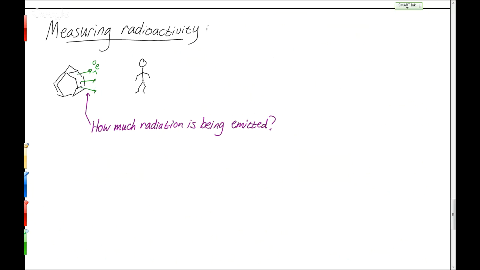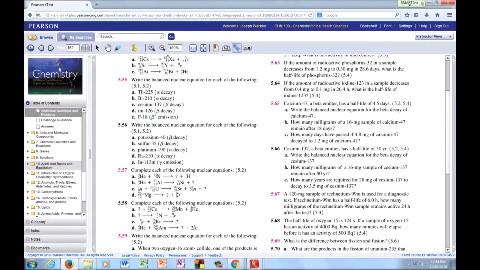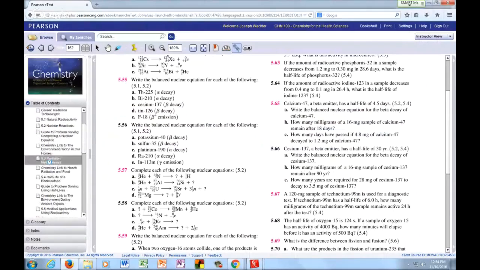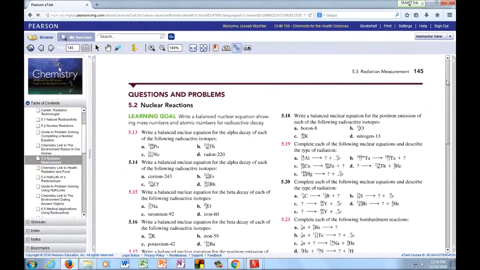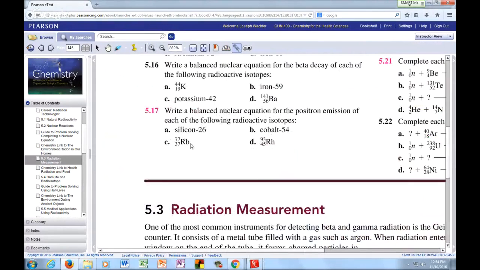And the way that that is measured is, we can think of it as particles per a certain time unit. There's a picture in the book about this. So you'll see a couple in there if you're reading through in section 5.3.